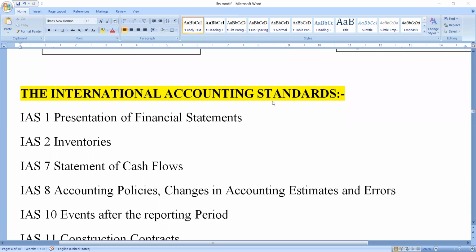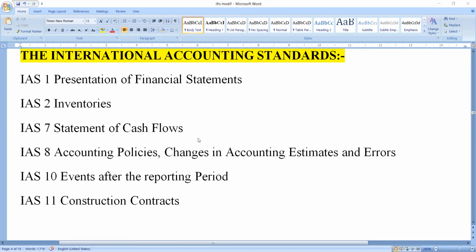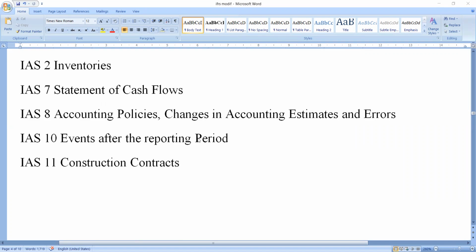The first one is International Accounting Standard 1, presentation of financial statements. The second is International Accounting Standard 2, inventories. Third is International Accounting Standard 7, statement of cash flows. And the fourth is International Accounting Standard 8, accounting policies, changes in accounting estimates and errors.